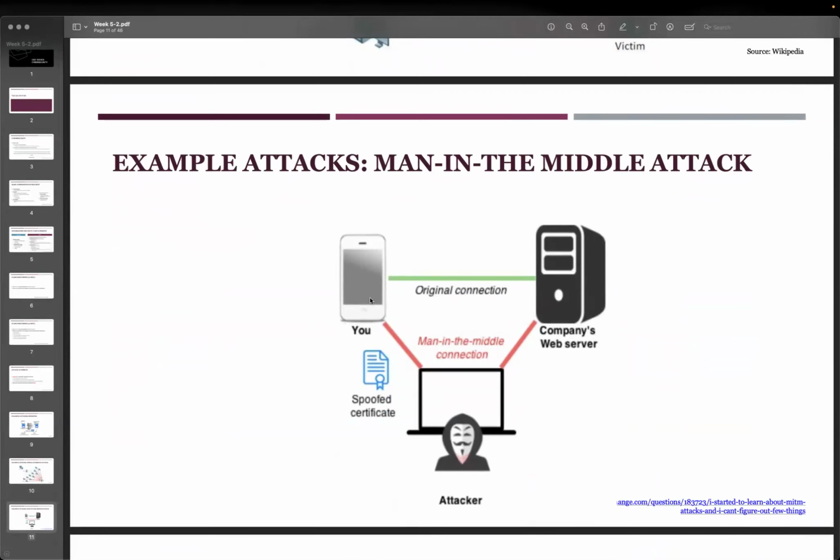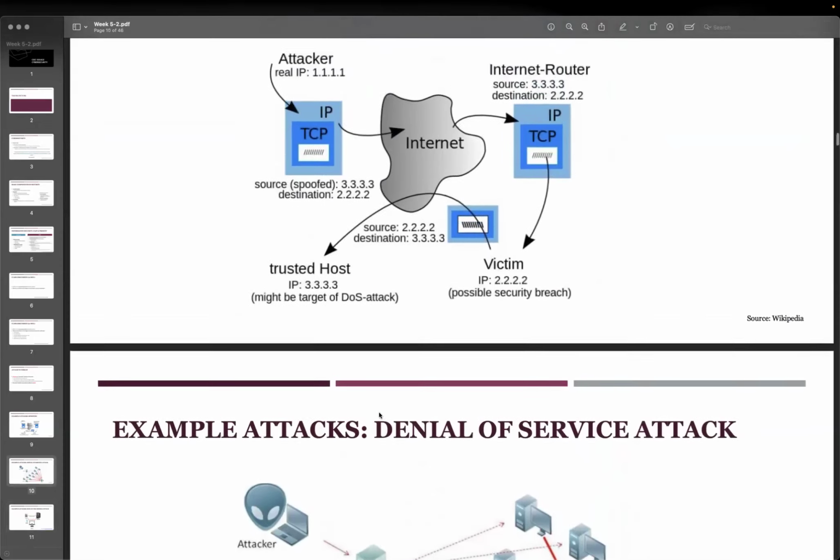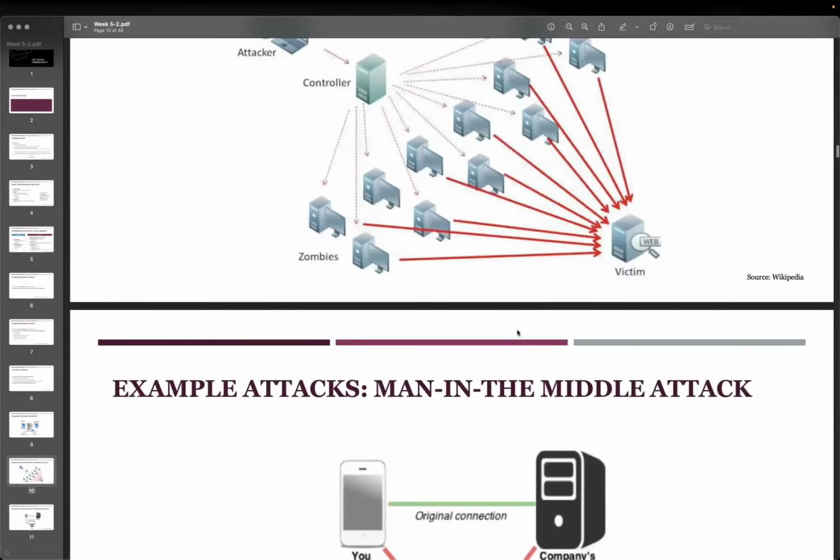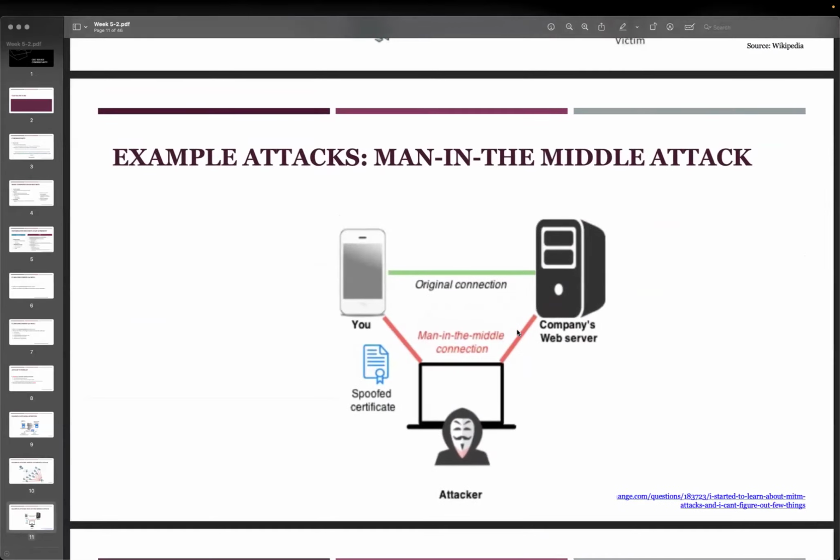Normally, if we are sending data from the client to our destination, it goes the original way. But with a man in the middle, they may use a spoofed certificate. If you recall the picture where it was spoofing, they pretend to be in the middle. This can happen when you access public Wi-Fi or the internet, like the Wi-Fi service at an airport, because attackers can try to pretend to be a man in the middle of those connections. So sometimes we also try to use a VPN to create a direct connection.